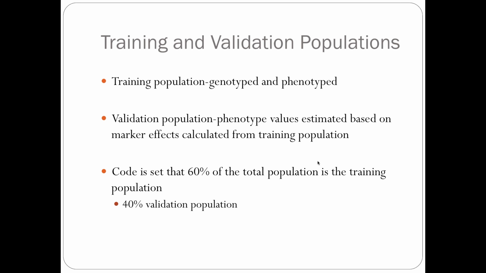And how large a training population is usually recommended? That kind of goes back to the other question that was asked before of how large should your population be. In the articles, it's different. I've seen the 60/40 that I used in this webinar in papers before, but it really depends on the species that you're working with and the trait that you're working with.